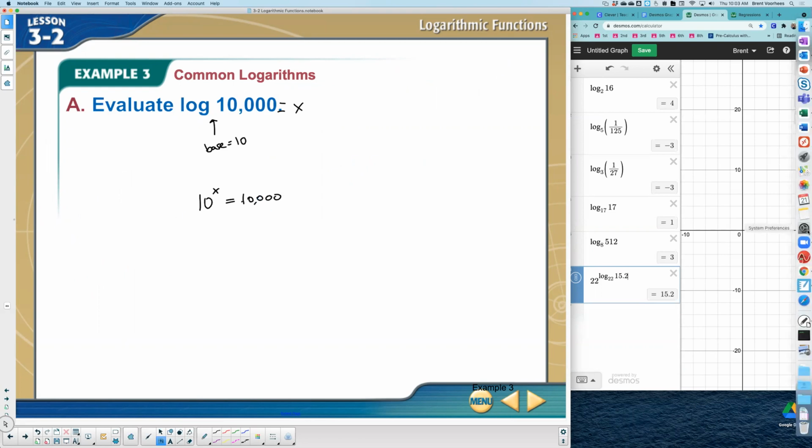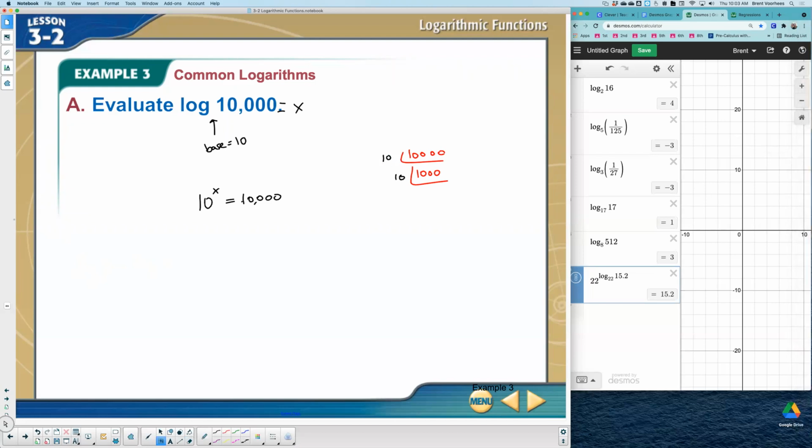Okay, let's use some upside down division, as they call it. 10,000 divided by the base of 10. How many times can 10 go into 10,000? You just cancel a 0, 1,000 times. How many times can 10 go into 1,000? Cancel that. And we're down to now 100. How many times can 10 go into 100? 10.